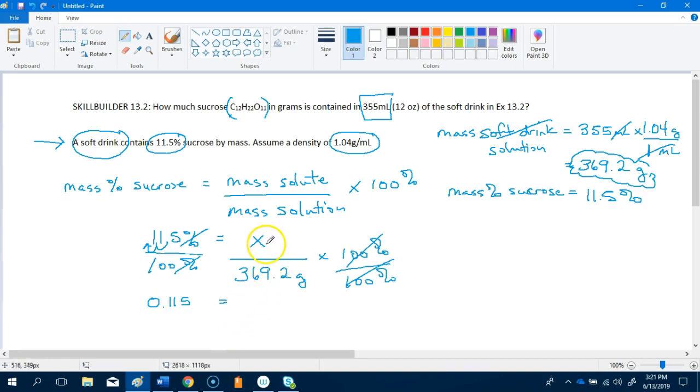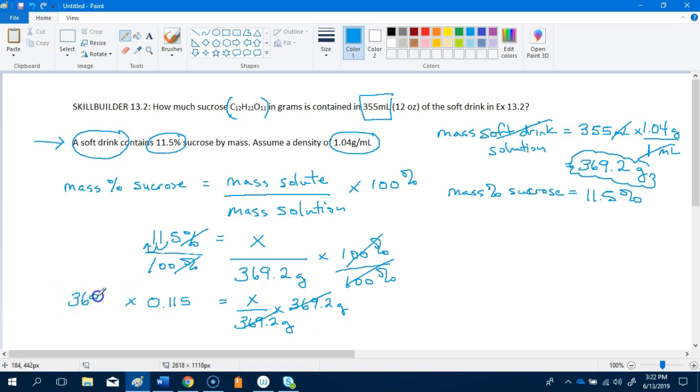Then that's going to be equal to X over 369.2 grams. I want to get X by itself. I'm dividing by 369.2, so to cancel that out, I have to multiply this side by 369.2 grams. That will cancel out, and whatever I do to this side, I also have to do to this side.